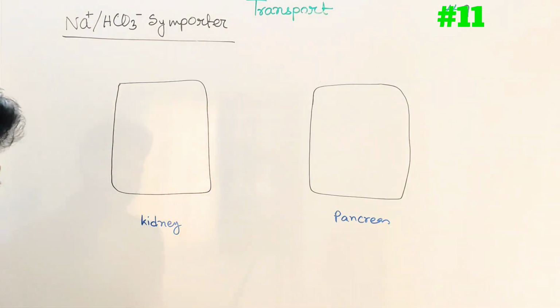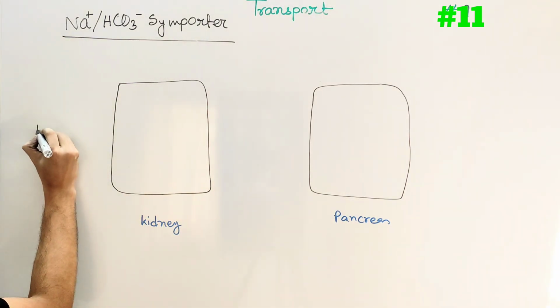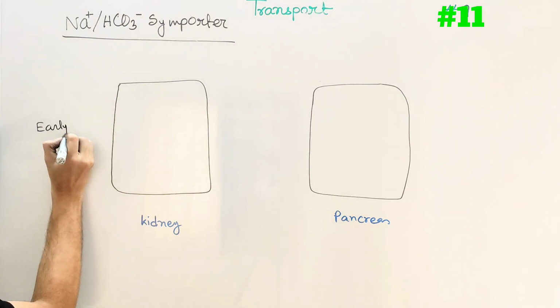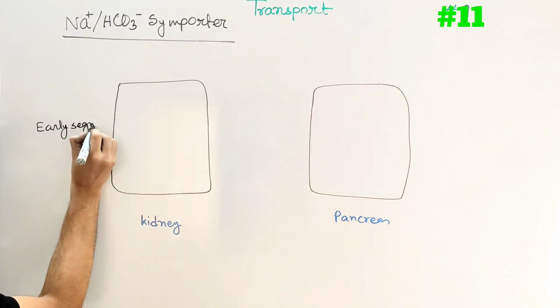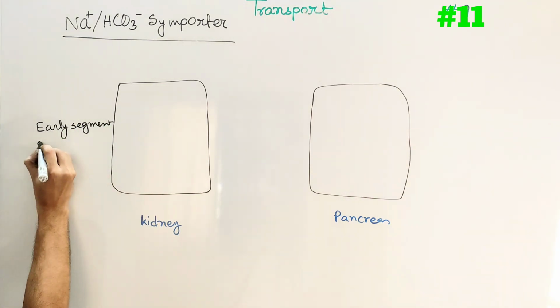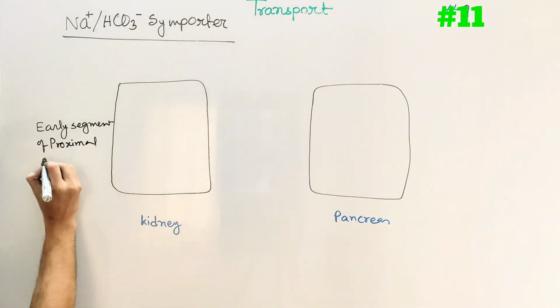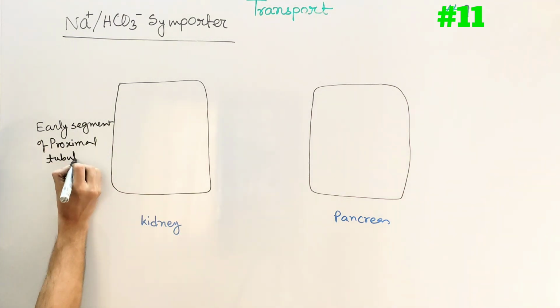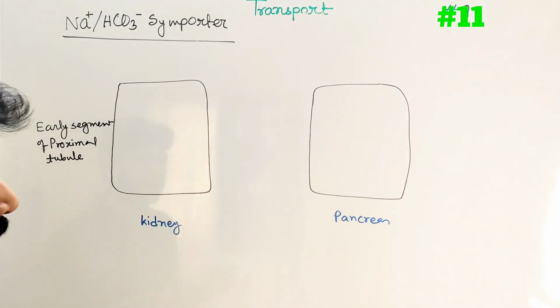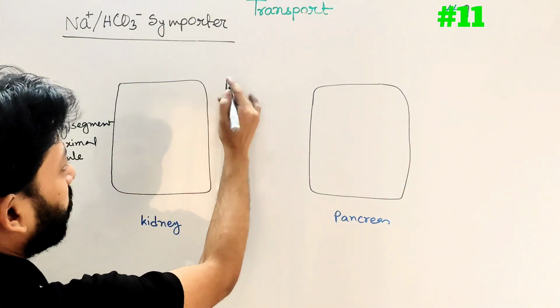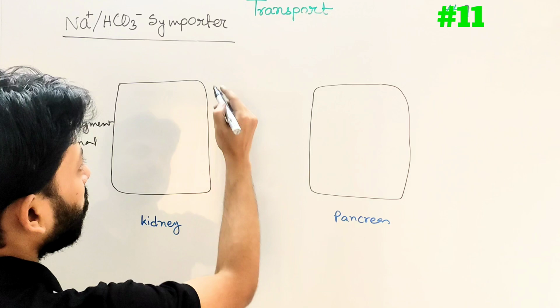At first I want to mention that these cells are actually present in the early segment of proximal tubule. This is an example of epithelial cells. Both are actually epithelial cells.